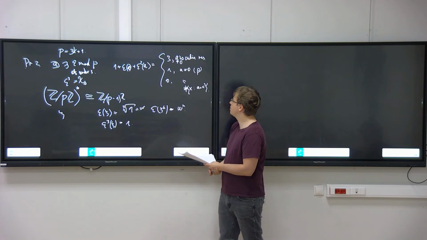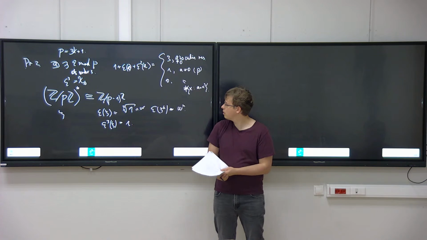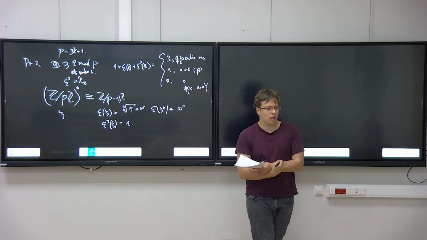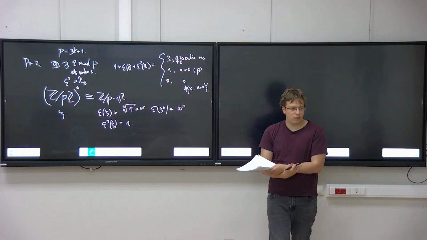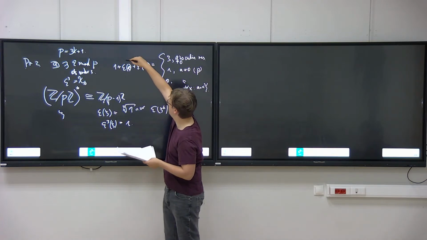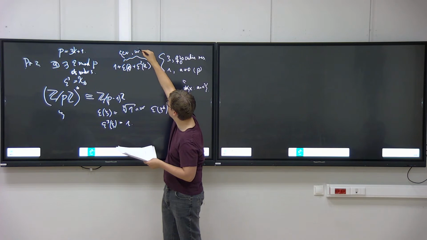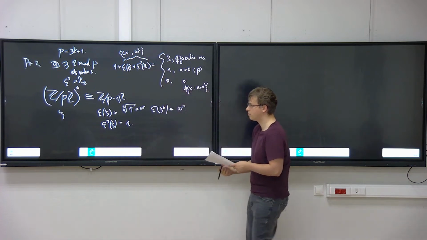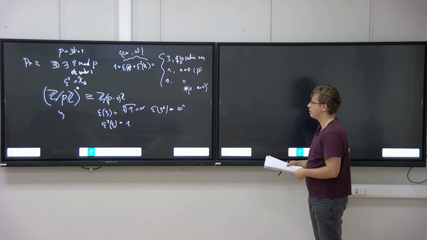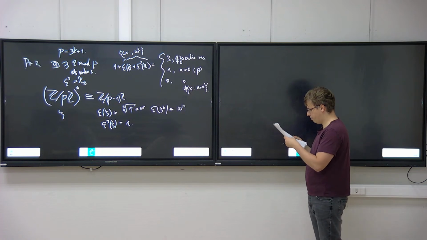And 0 if it is not a cubic residue. Then some of them should be omega and omega squared, and omega plus omega squared is of course equal to minus 1. The sum is 0.